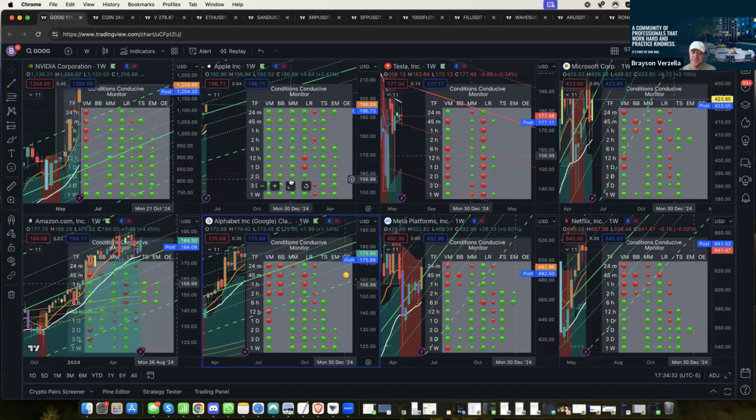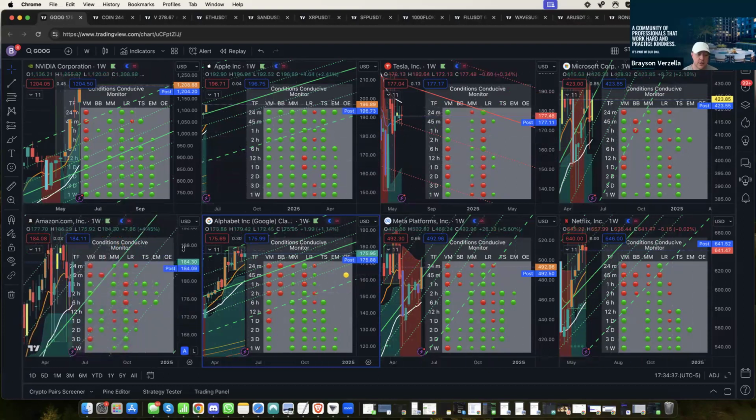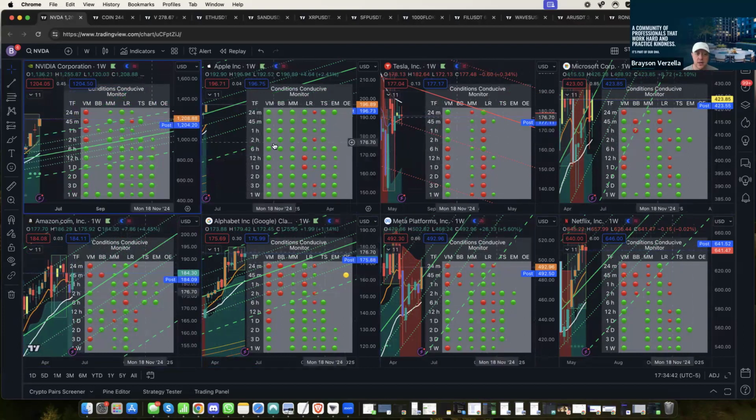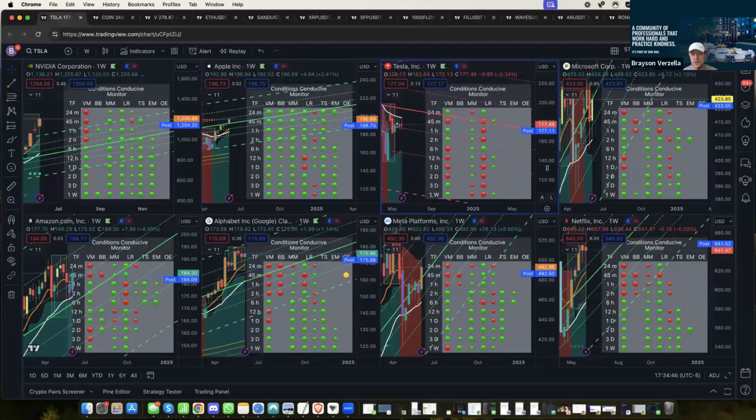In effect, that stops us from doing dumb things like shorting an overall uptrend or longing an overall downtrend. Or it at least lets us know what the situation is, so we can decide if we want to take that risk.